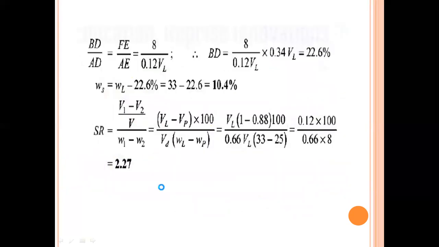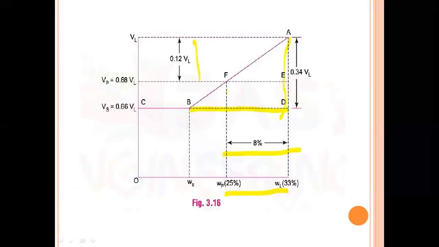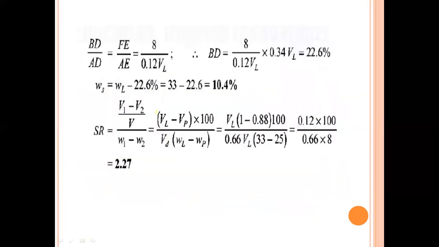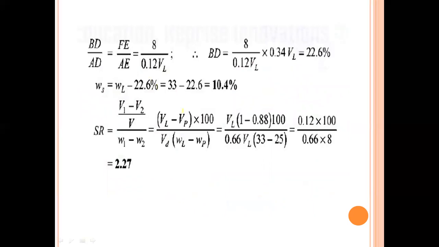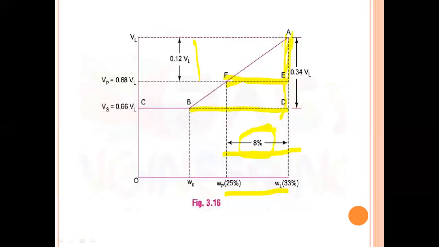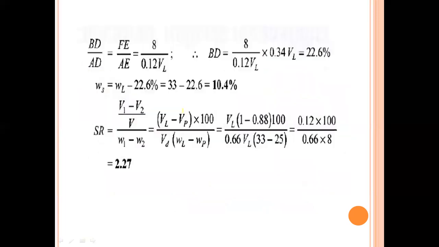equal to FE by AE. These two triangles and two sections are taken, that equals 8. This value is 8 divided by 0.12 VL. It is the height, 0.12 VL, and BD equals 8 by 0.12 VL into 0.34 VL.